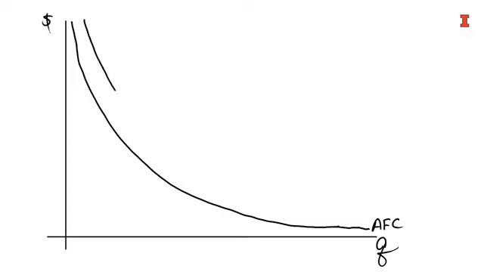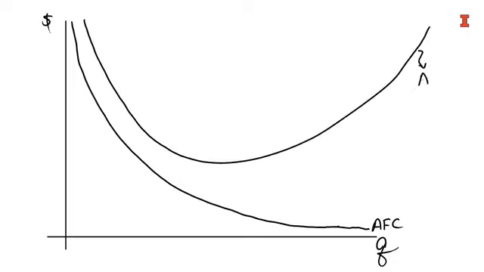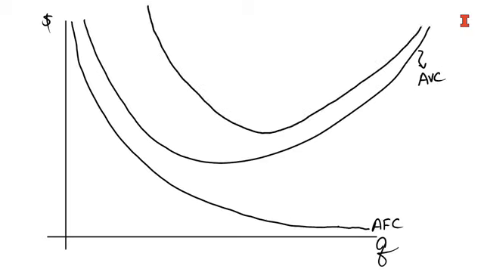I'll just put it here. We'll talk more about where that general U-shape might be as we go forward. Average variable cost. And now I just want to add the two. And if I add the two, it's going to look something like this. This is our family of average cost curves.